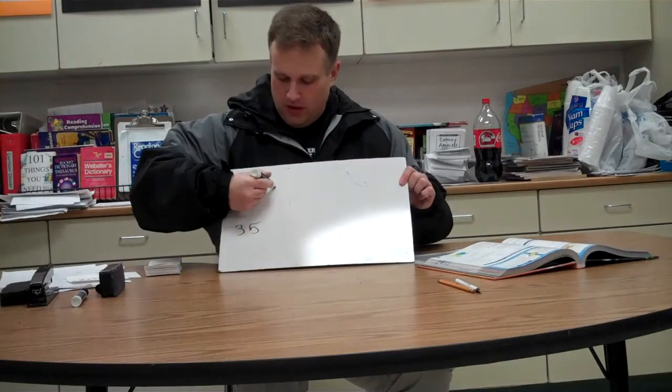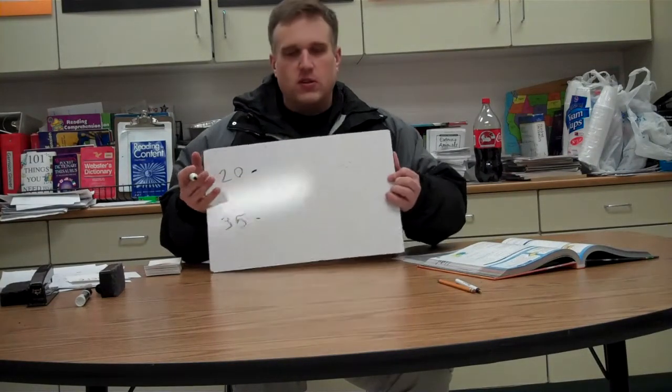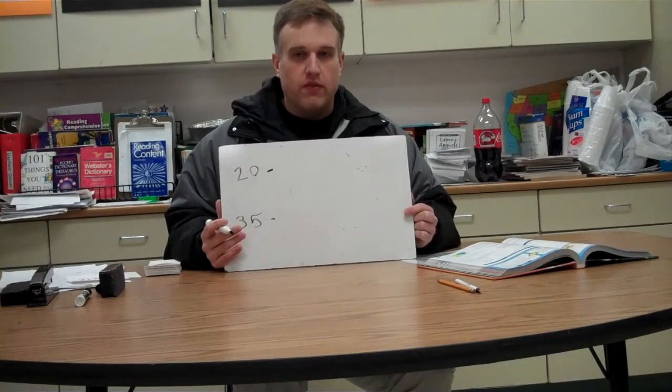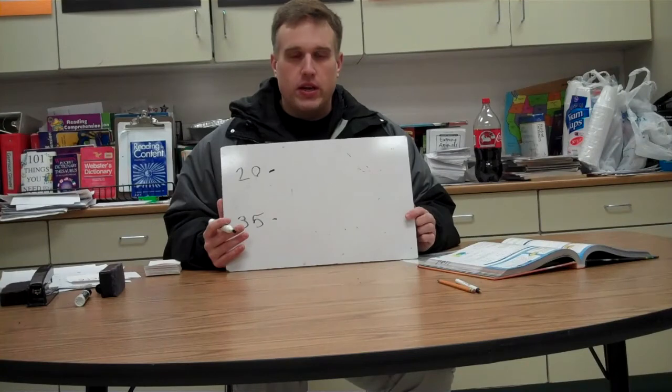Okay, so let's look at number 7. We'll do number 7 first. And it's asking us to find the GCF of 20 and 35. Okay? Now, the first two factors of any number will always be 1 and the number itself, for any number. Doesn't matter what it is.